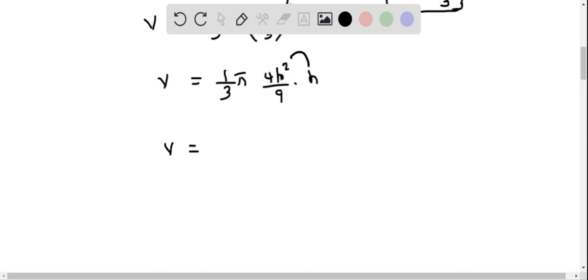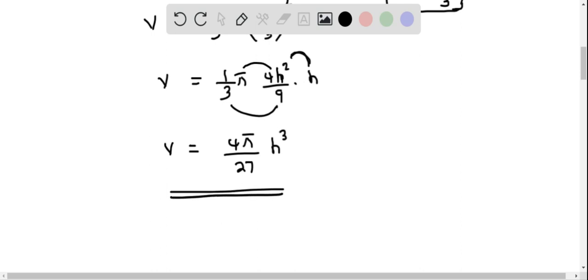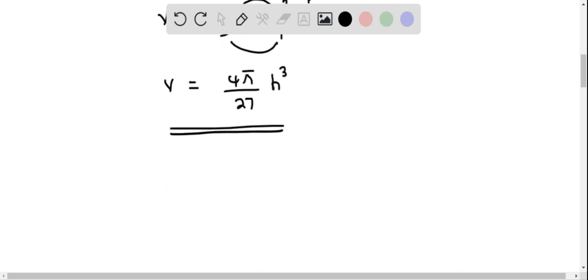The constant is pi times 4, which is 4 pi, divided by 3 times 9, which is 27, and h squared times h is h cubed. So this is the volume equation.